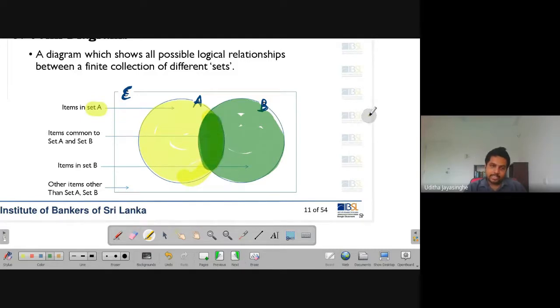This is the area which is common to set A and set B.